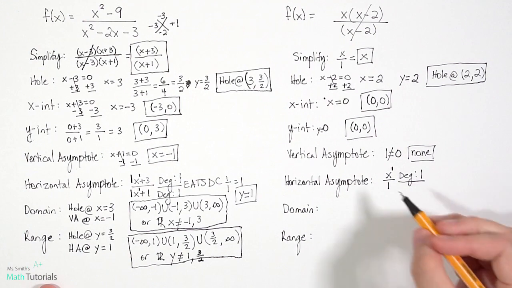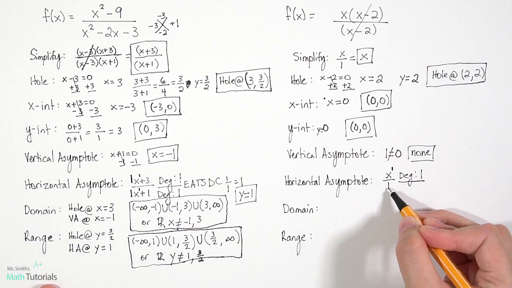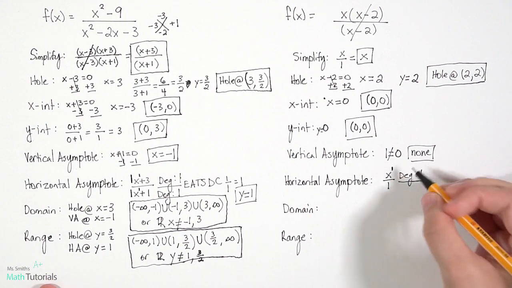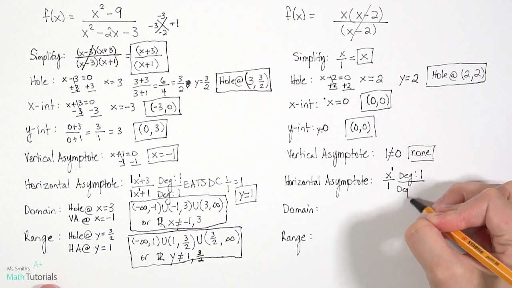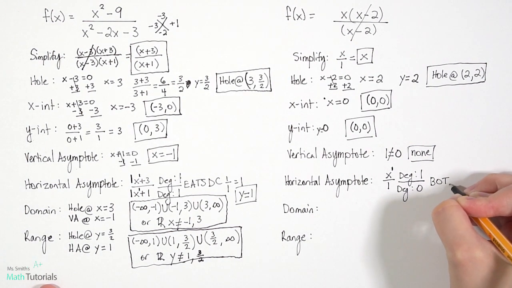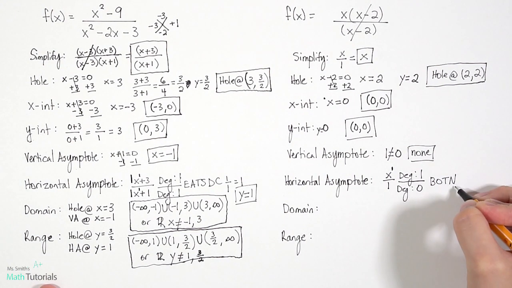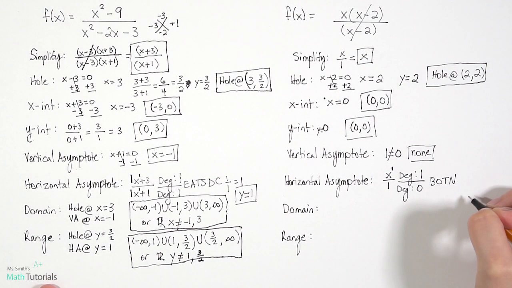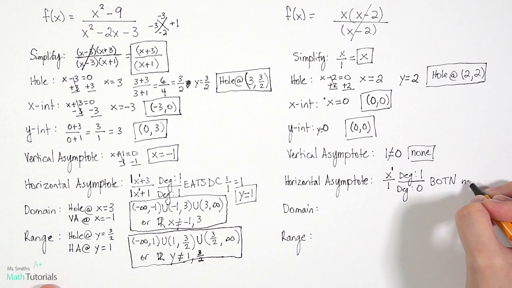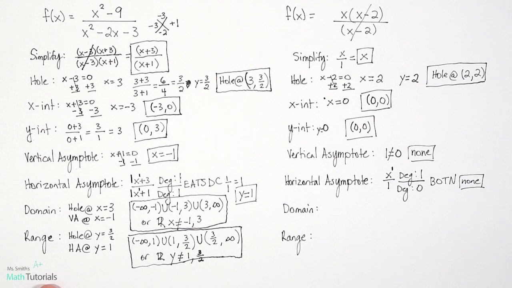In our denominator, I don't even have a variable. It's just a constant, right? It's just 1. So that means our degree is actually 0. So this is a situation where we have the bigger degree on top. So this case stands for no horizontal asymptote. So this is just none. There is no horizontal asymptote.